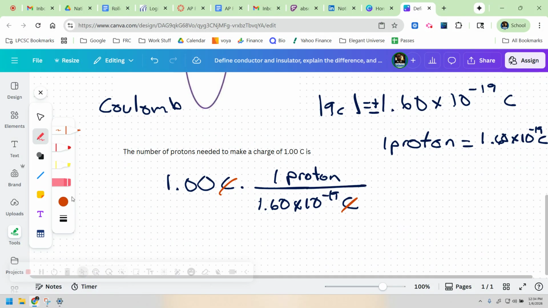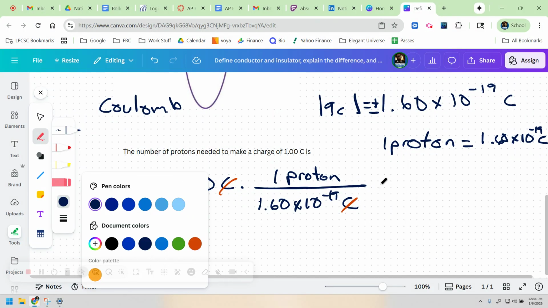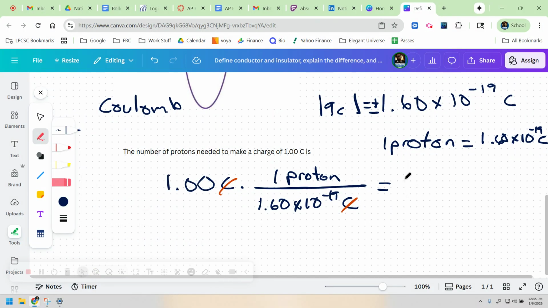And then when you do the math on that, it tells you a very specific number. In other words, if you take 1 and divide it by 1.6 times 10 to the negative 19, you end up with 6.25 times 10 to the positive 18 protons.